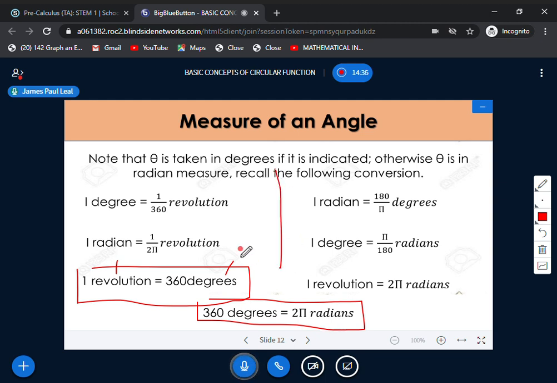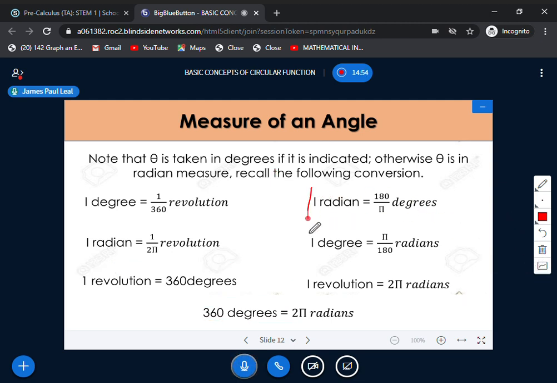Because here, in the Cartesian coordinate system, we have this one. This will be the half, right? Half of 360. And this will serve as your pi, in radian form. So in one radian, you will be having 180 over pi degrees.